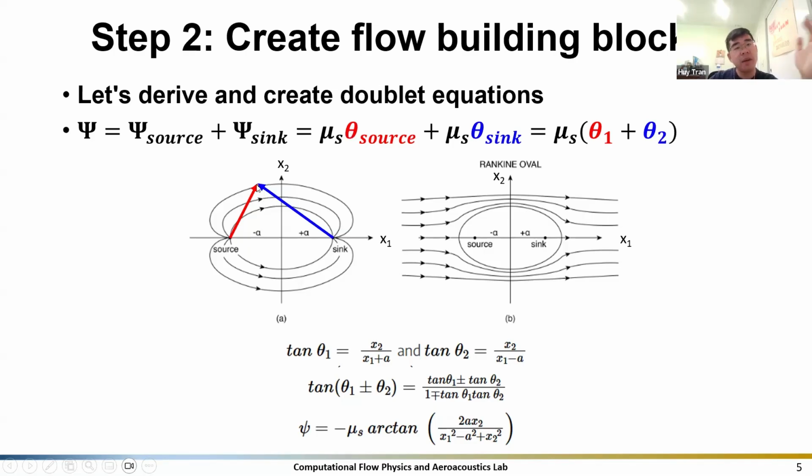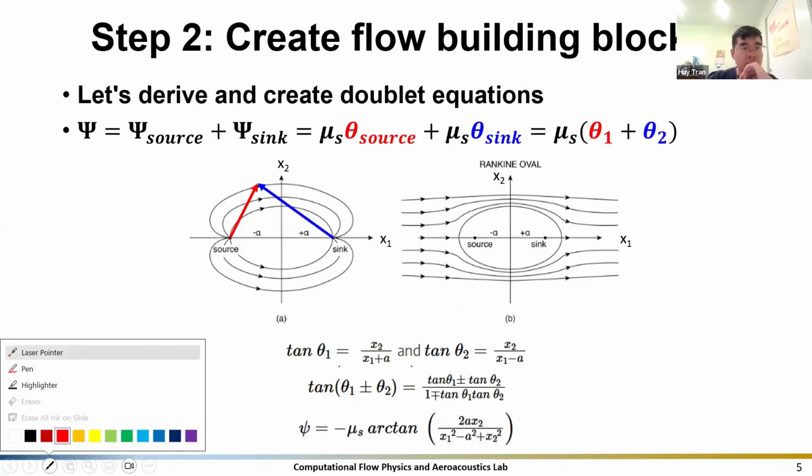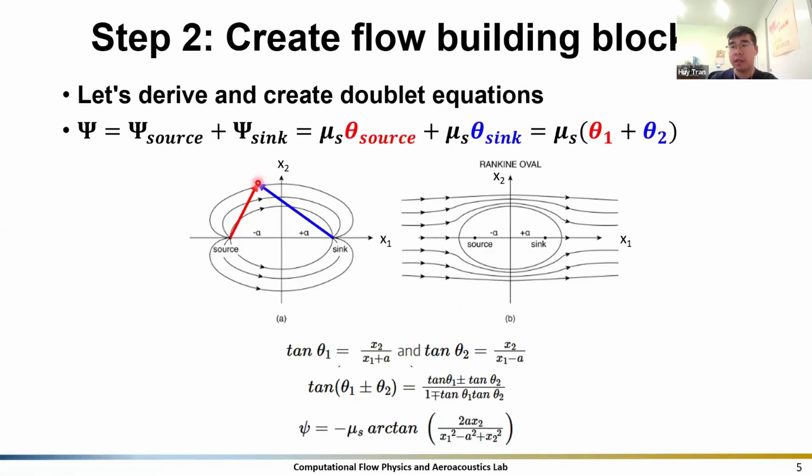So for example, in the image here, I have a laser pointer here. Let's say a point here, somewhere in your flow field.